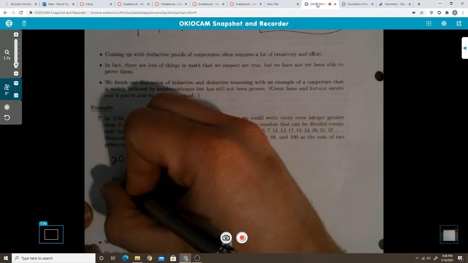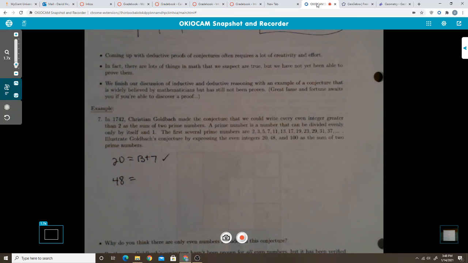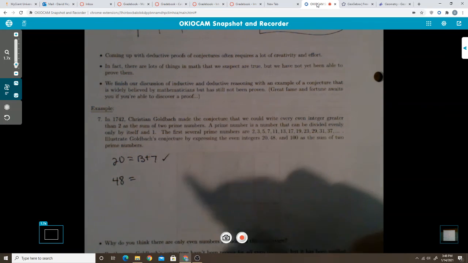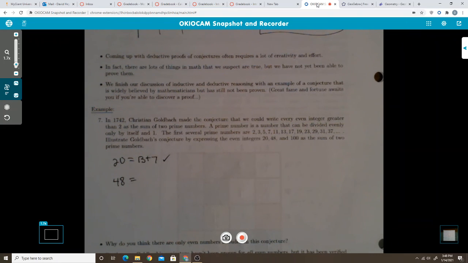What about 48? Well, we could try 24 plus 24, but 24 is not prime. So maybe we could try 23. It would have to be 23 plus 25. But 25 is not prime.